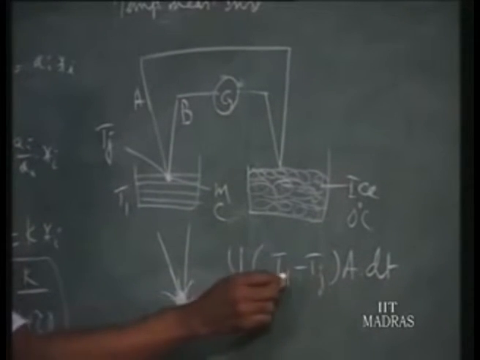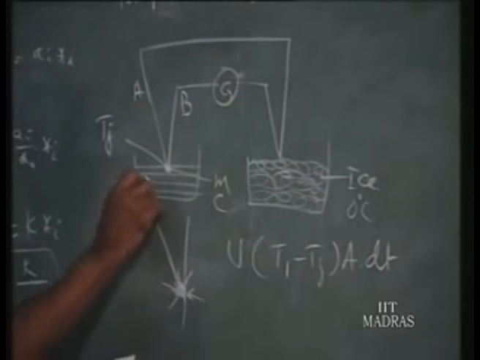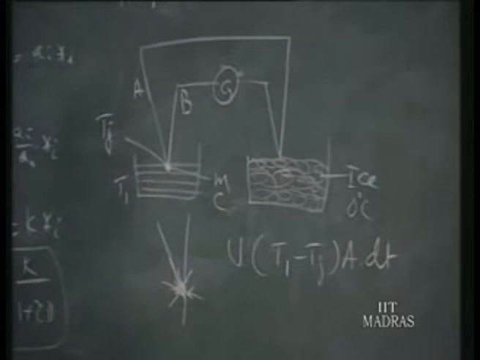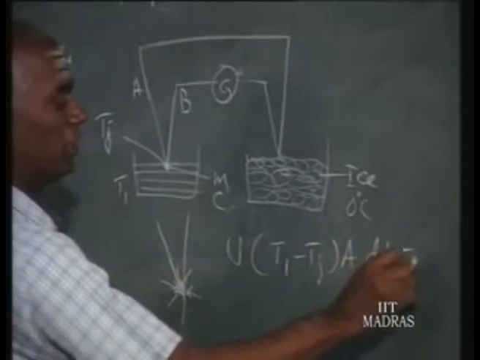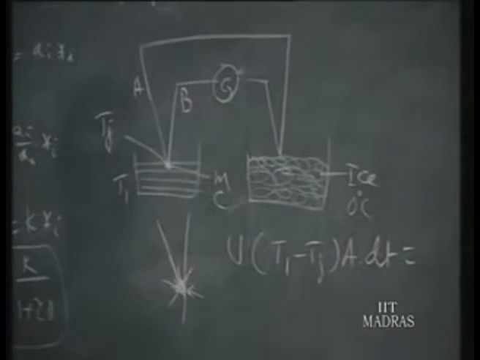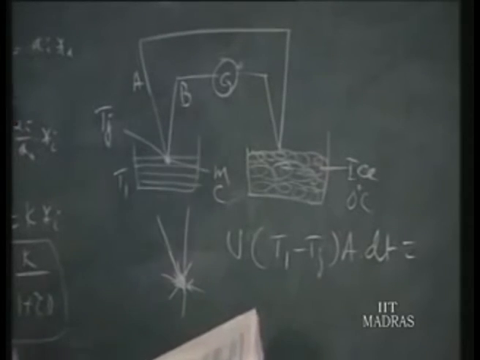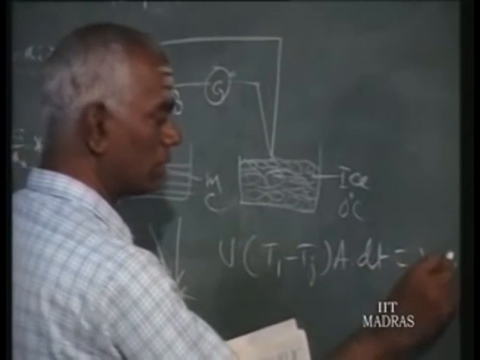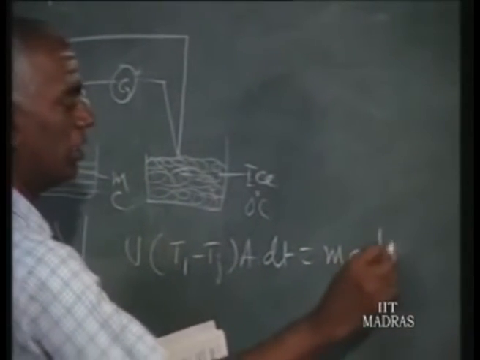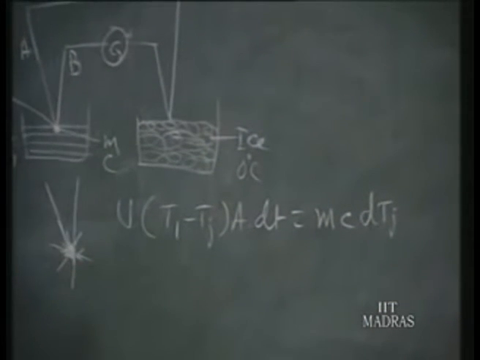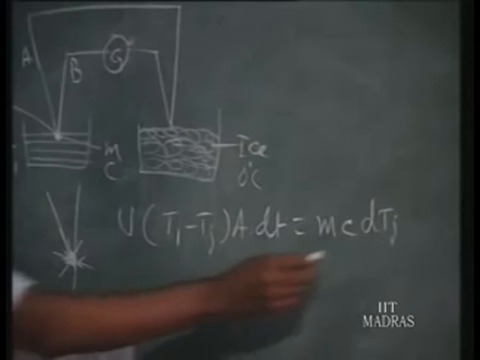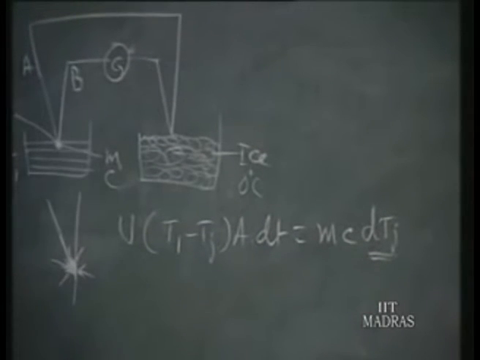T1 is the final temperature of the bath, and Tj is nearing T1. This heat flown through the surface area and stored by the mass is equal to m into C into dTj, that is, the temperature increase in the junction, which we call the differential dTj.